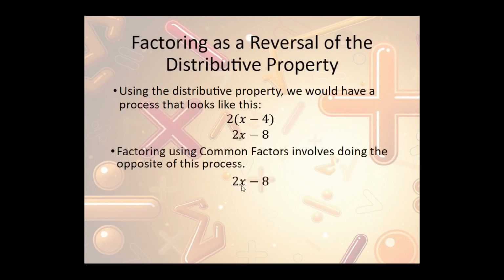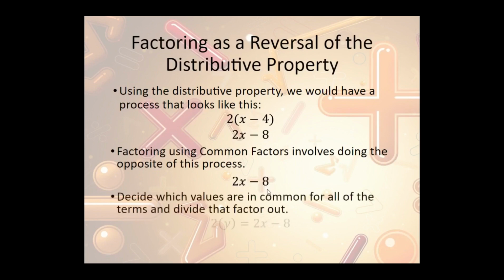Well, we know that 2x is divisible by 2 and negative 8 is divisible by 2. So I can pull that out, and I end up with 2 times x minus 4. So really it's the same thing. I just divided each of them by 2 and put that outside. So factoring in this way is exactly the opposite of the distributive property.